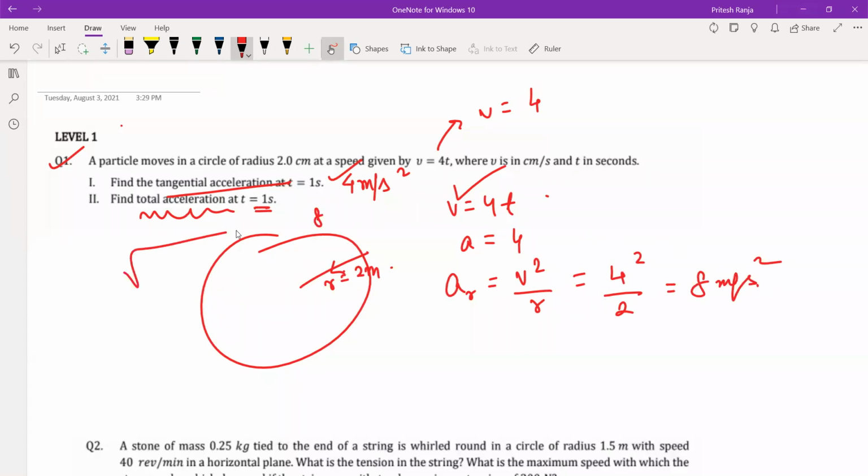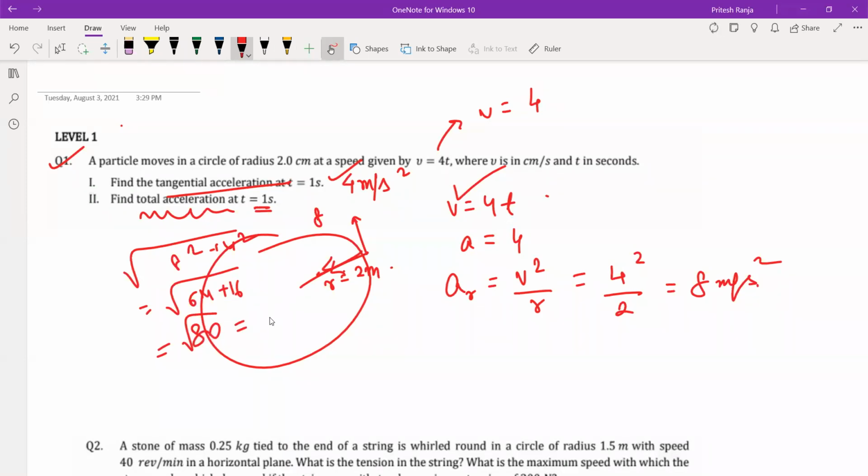So total will be root of 8 square plus 4 square. So that will be root 64 plus 16. That will be root 80.